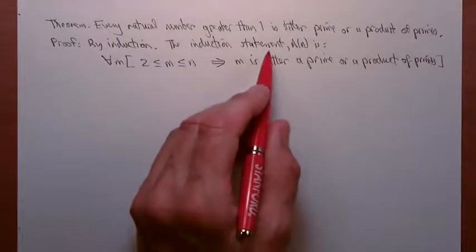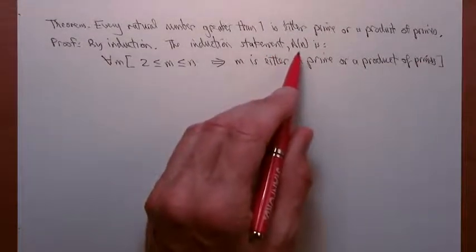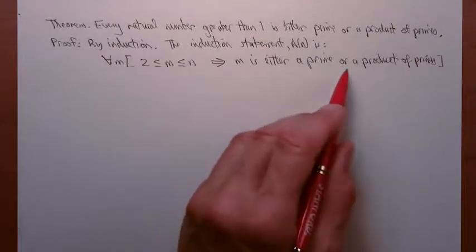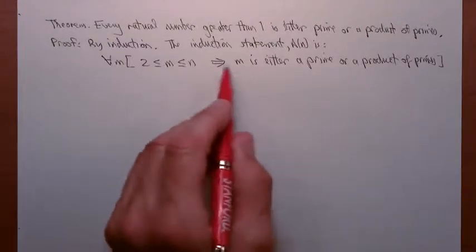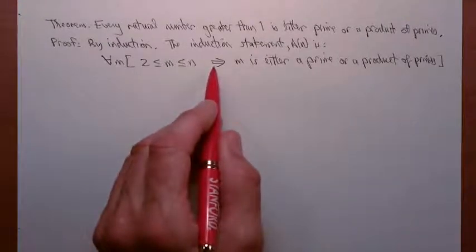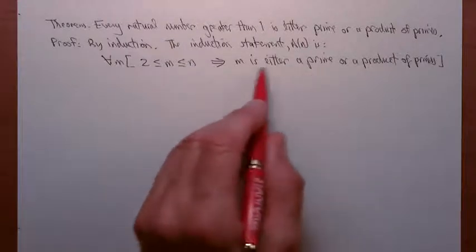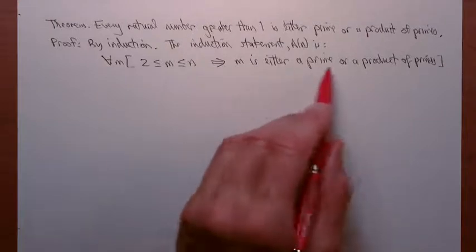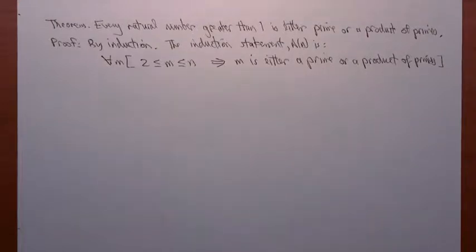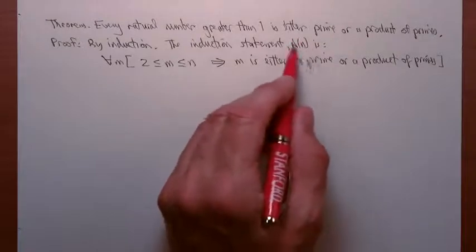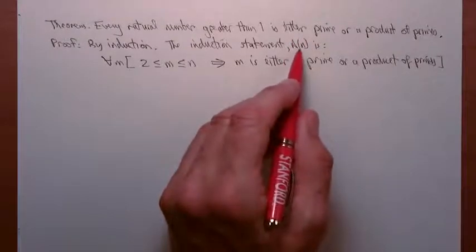So the induction statement, A(n), talks about all the numbers between 2 and n being prime or products of primes. So it's a sort of cumulative statement, if you like. As we go up through the natural numbers, we iterate on the cumulative fact of things being primes or products of primes. And the induction proof establishes that A(n) is true for all n bigger than 1.